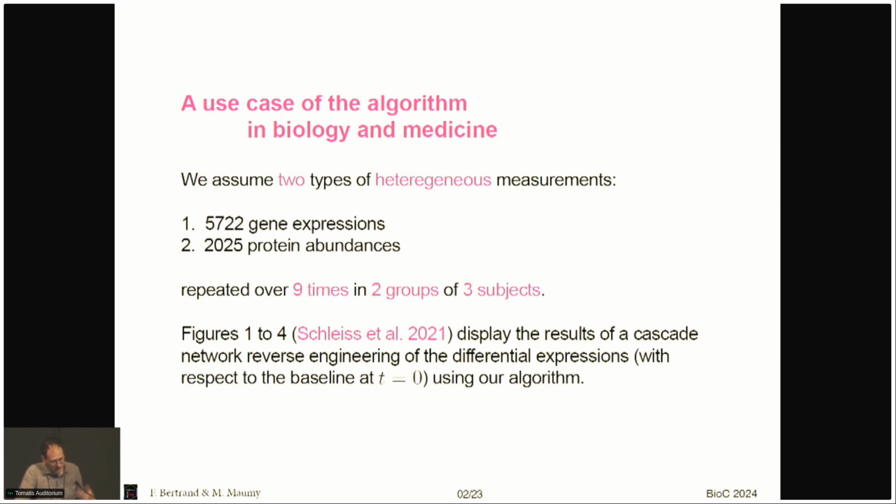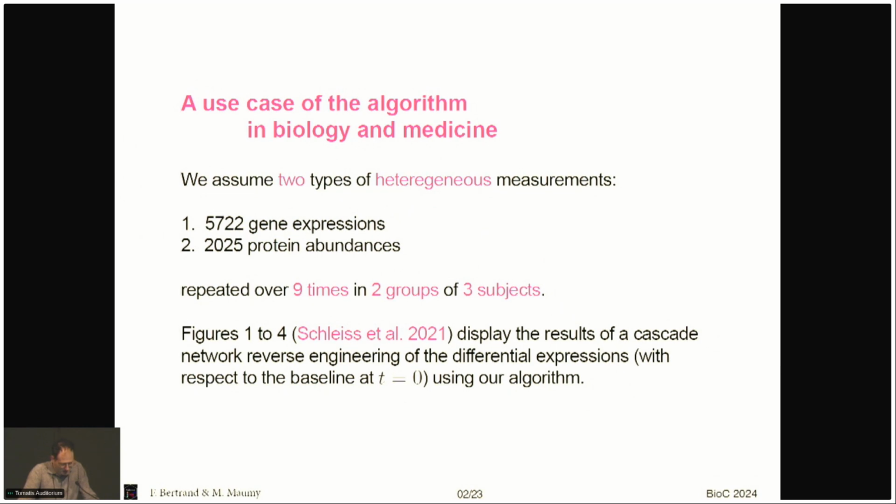After using several kinds of filtering, either independent filtering, gene expression-based filtering, or according to the abundance of the protein, we selected a few thousand genes, expressions, and proteins from a dataset that had a time course measurement designed to compare the evolution of leukemia between two groups of subjects.